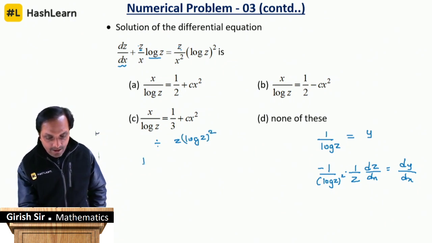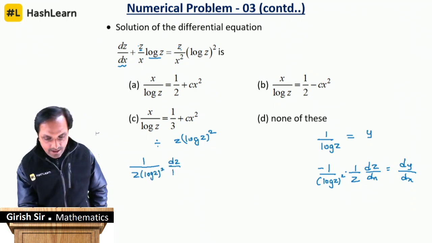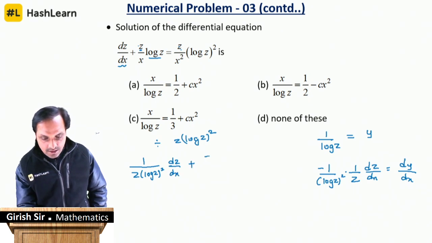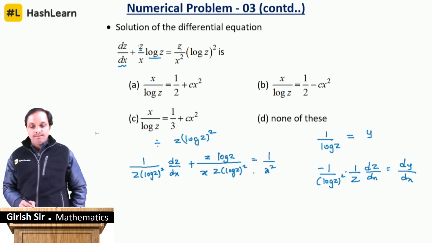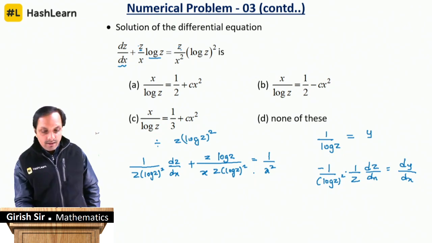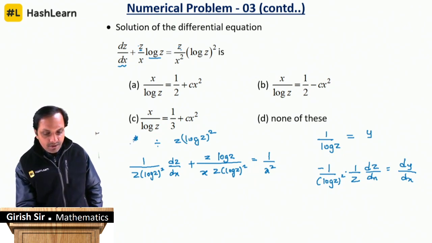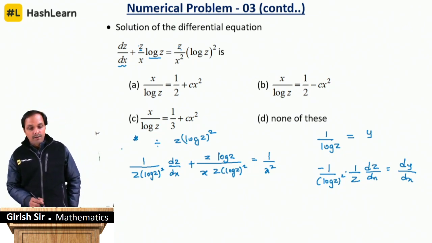So if I divide, I will get z log z whole square dz by dx plus z log z by x z into log z square is equal to, when I divide by that, you will be left with only 1 by x square. Okay, so remember, this is the most important step. You are going to divide by z log z whole square.